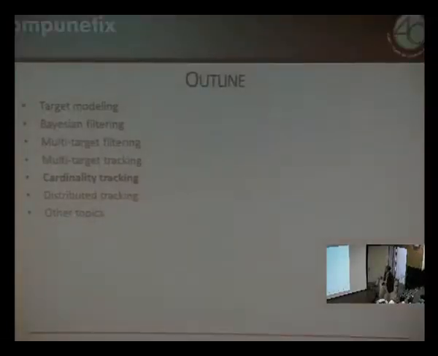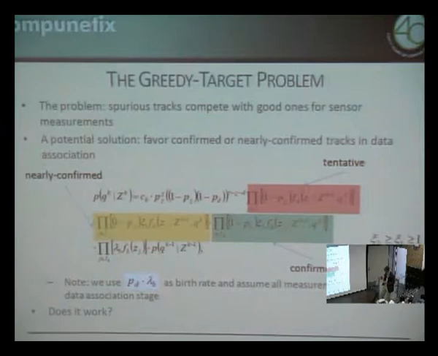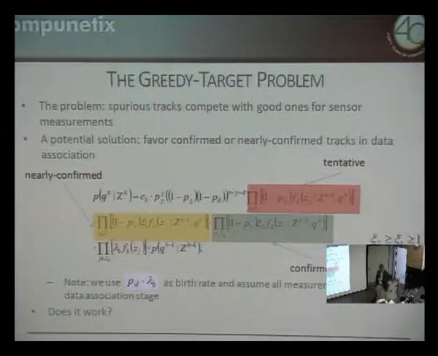As a lead into this, let me just mention that yesterday I went through some of the MHT recursion equations, and they look nice, but the reality is that most people who do multi-hypothesis tracking, the theory is one thing, but when it comes to the implementation, they play some tricks.